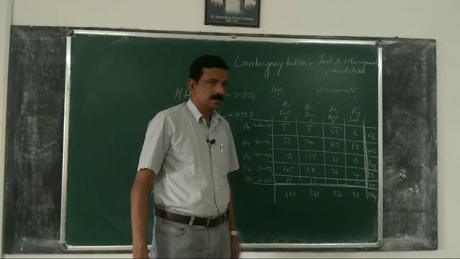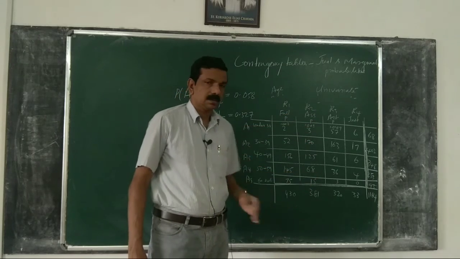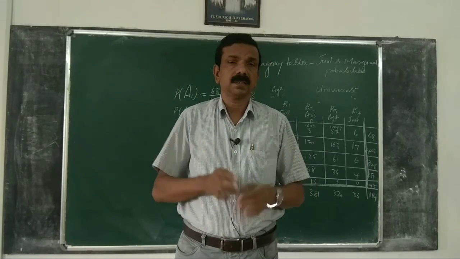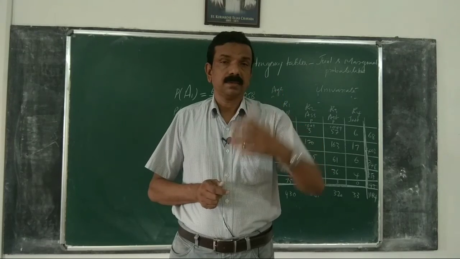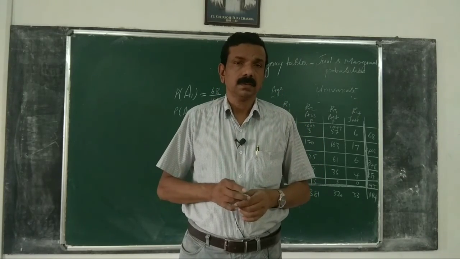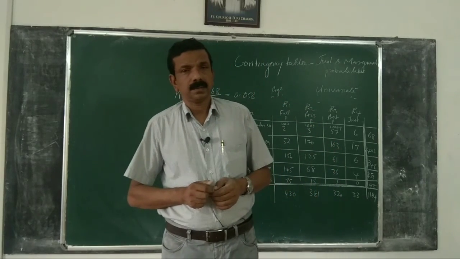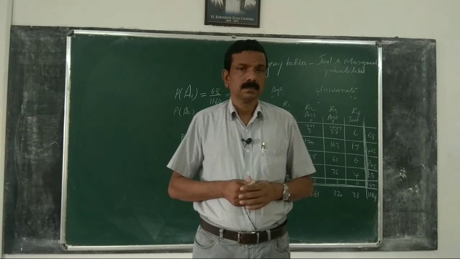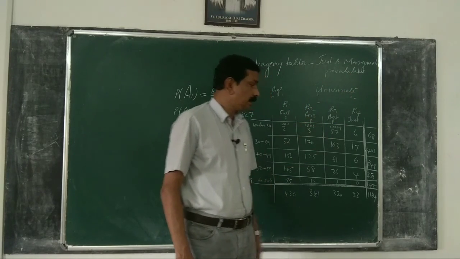And remember this, contingency tables are important and extensively used in the context of inferential statistics to study the association between variables. To study the association between variables, we calculate both the conditional probabilities and also joint probabilities. That is contingency table, joint and marginal probabilities.